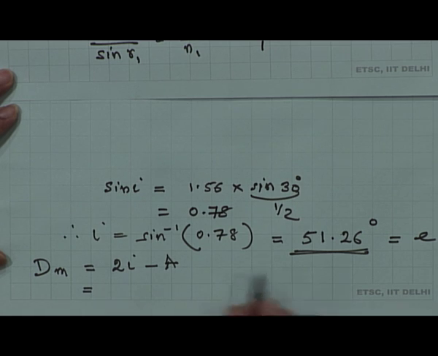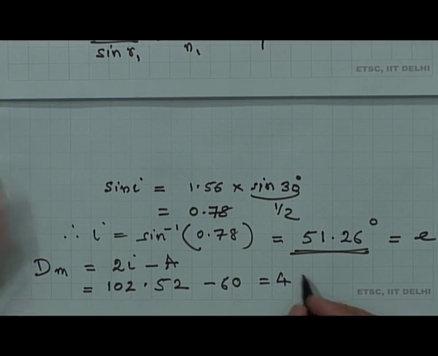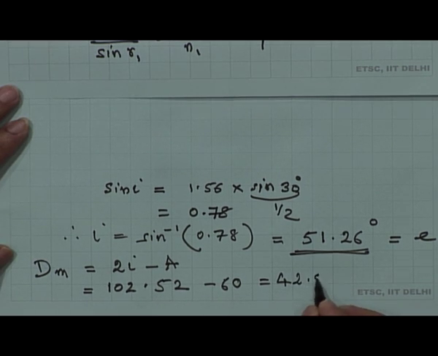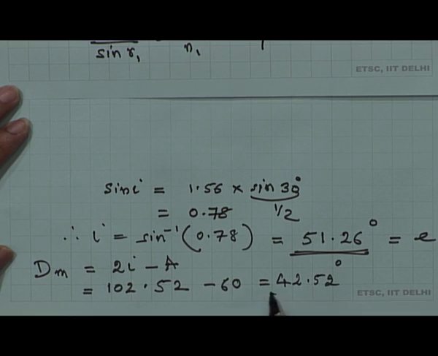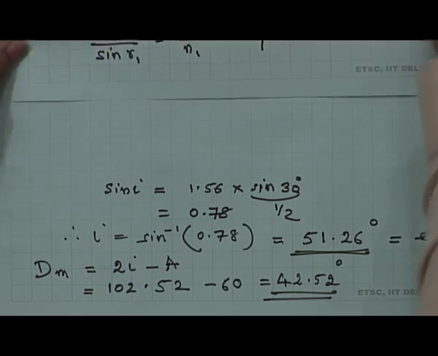Twice 51.26 is 102.52, minus A, that is 60. So, this is equal to 42.52 degrees. This will be the angle of minimum deviation in the first case, but that is not asked in the question.